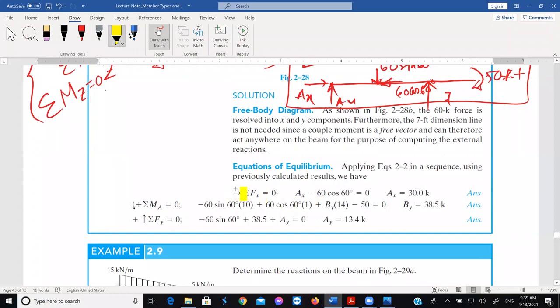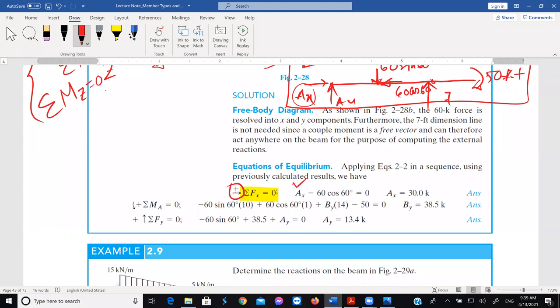When we write the equilibrium of horizontal forces, we sum up all the forces in the x direction, and of course there are some forces which can act rightward and some which can act leftward. So we just take the rightward force as positive. You see the arrow sign shows rightward, and that's positive. So we assumed Ax is working in the rightward direction, that's why it's positive.